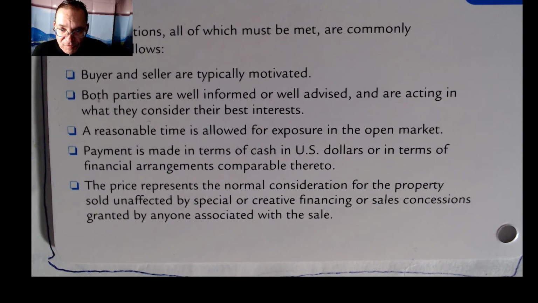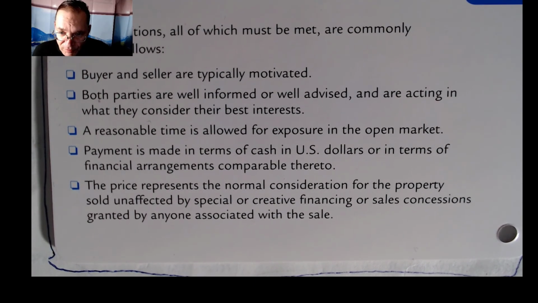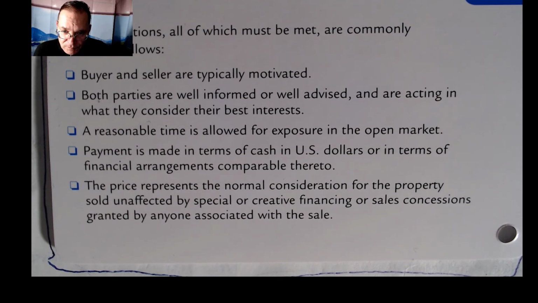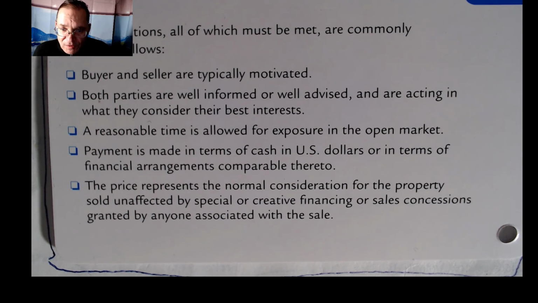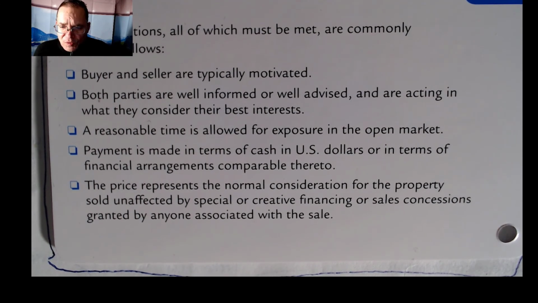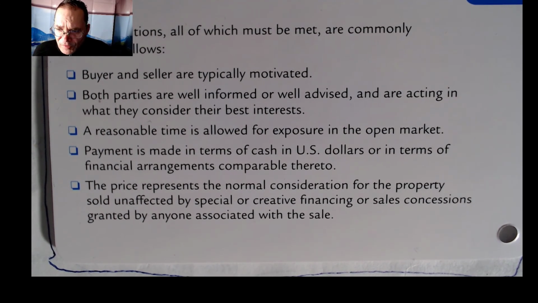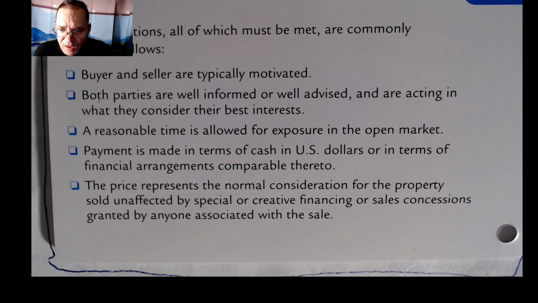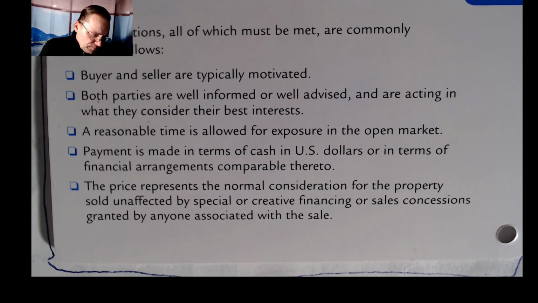A reasonable time is allowed for exposure in the open market. Payment is made in terms of cash in U.S. dollars or in terms of financial arrangements comparable thereto. The price represents the normal consideration for the property, sold unaffected by special or creative financing or sales concessions granted by anyone associated with the sale.